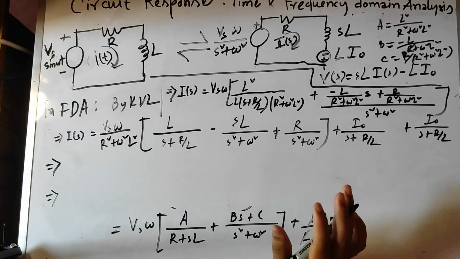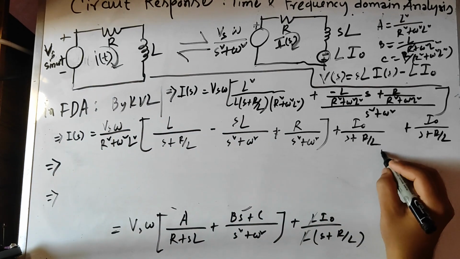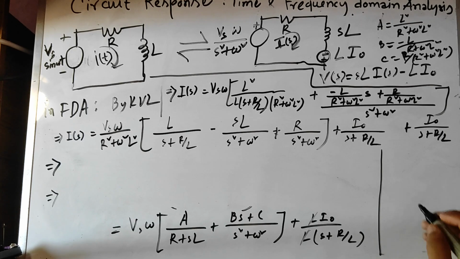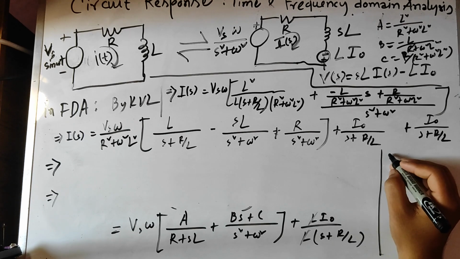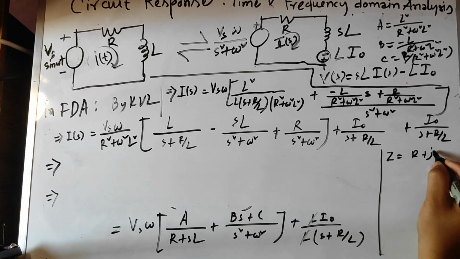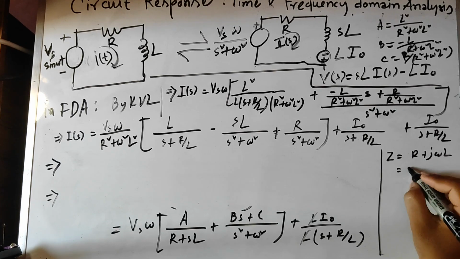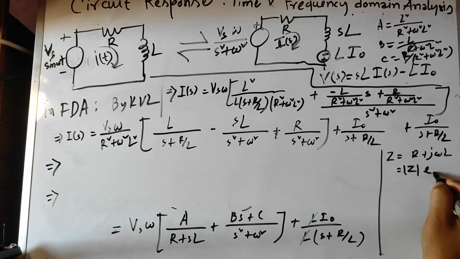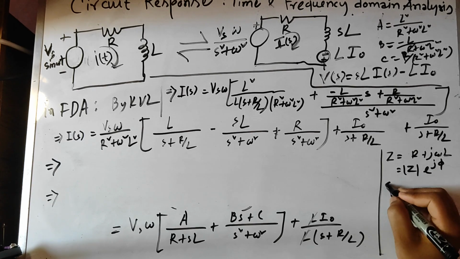Now here what we are gonna do is use the earlier definitions. So Z is R plus J omega L, or this is Z e to the power J phi.